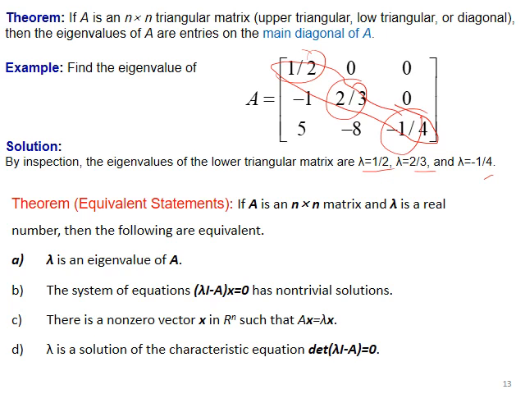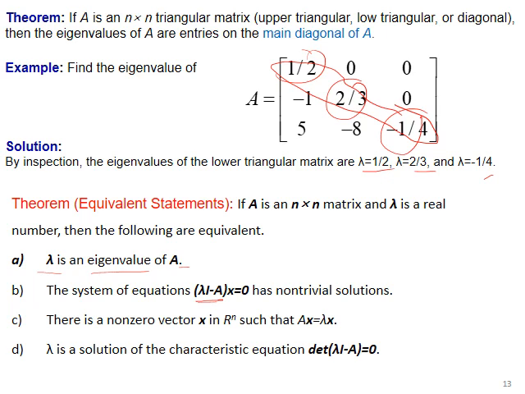If A is an n by n matrix and lambda is a real number, then lambda could be an eigenvalue of A. We can find it by solving lambda I minus A equals 0, which gives different numbers for lambda. It could be one value, more than one value, 3 values, 4 values, and so on.